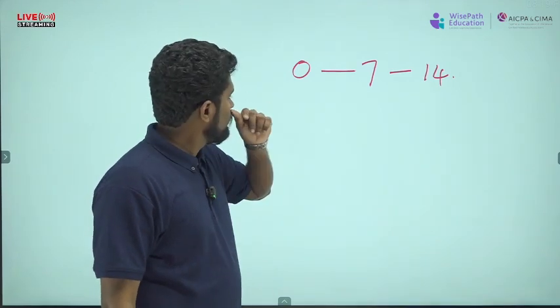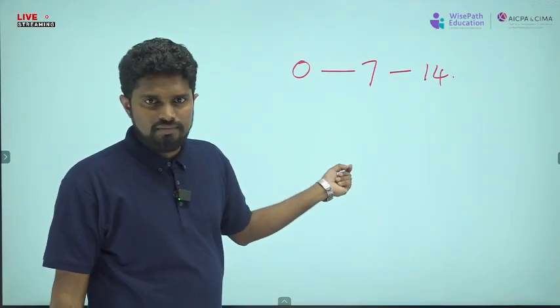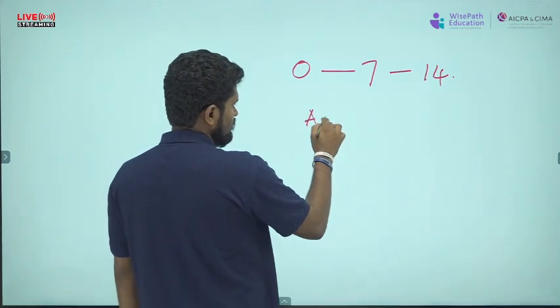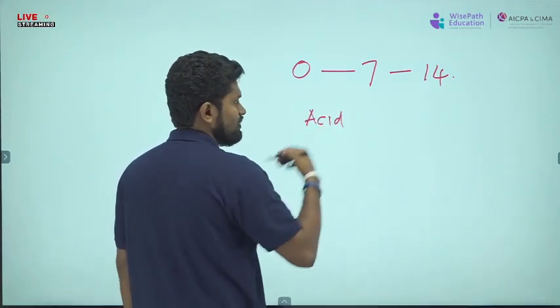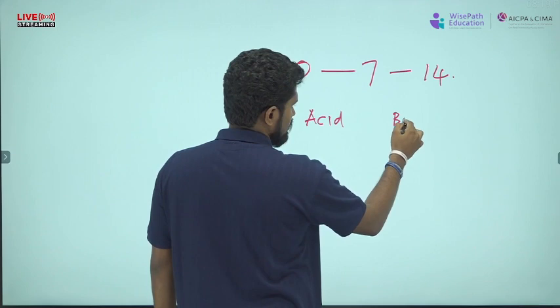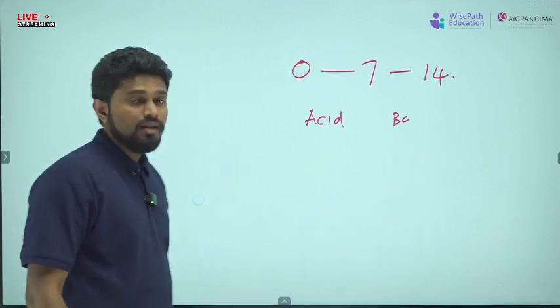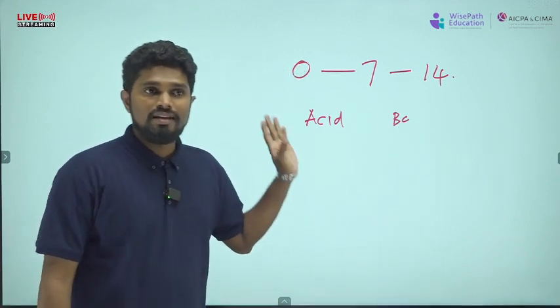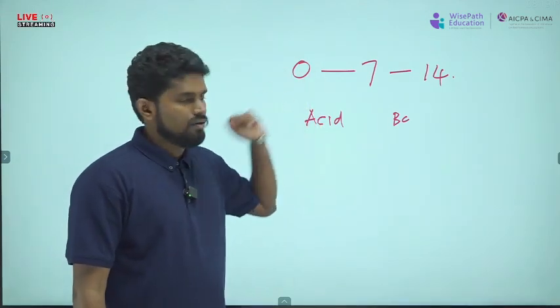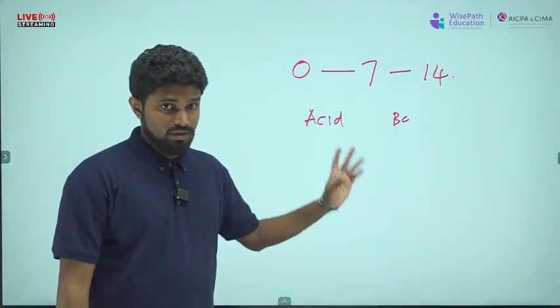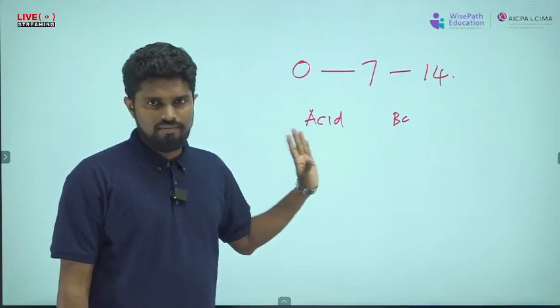Then 7 is the neutral, no? And 0 to 7, that's acid, no? Then 7 to 14, base. Then the water pH value should be around 7. It should be near to 7, no?